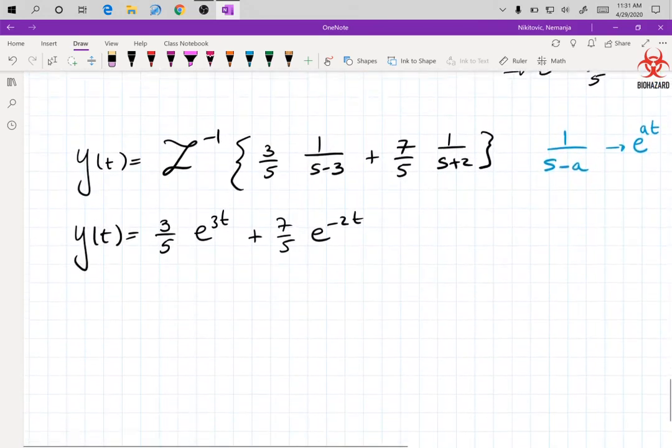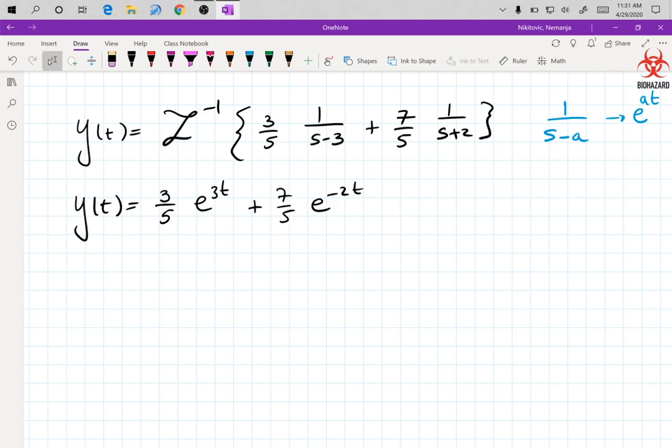Now, true, the other method was faster, right? Less algebra, we had to deal with these things. But I'm just going to drop in one concept here.